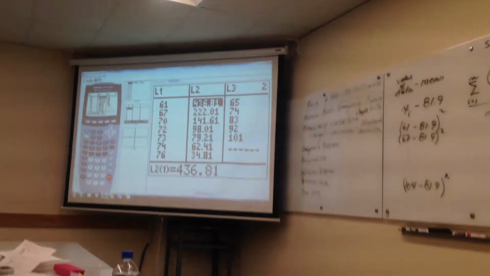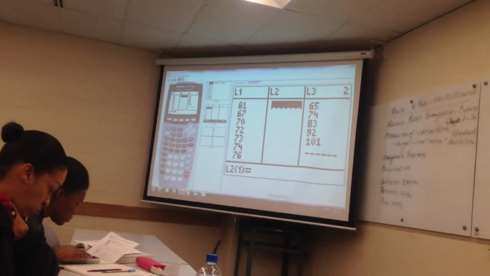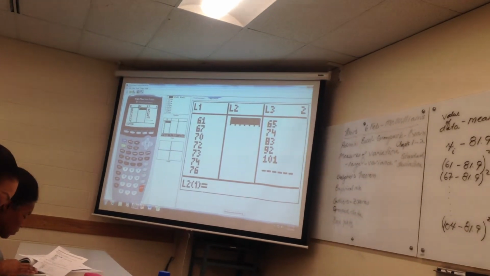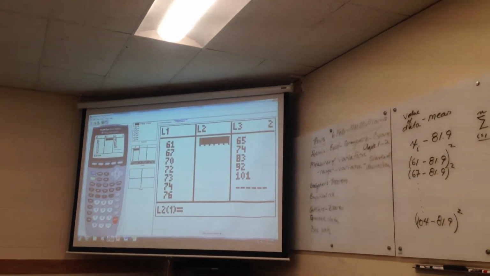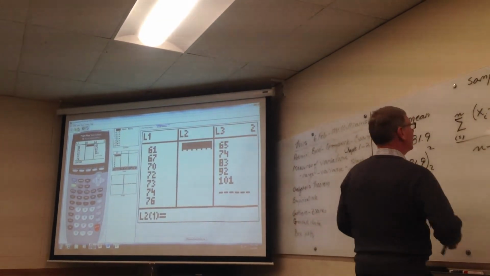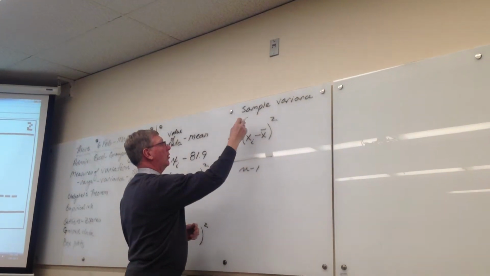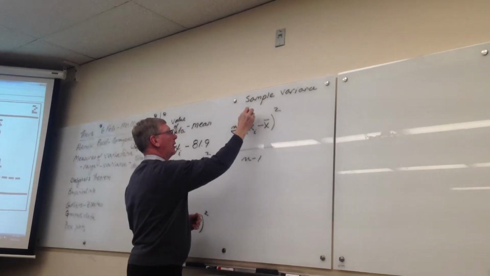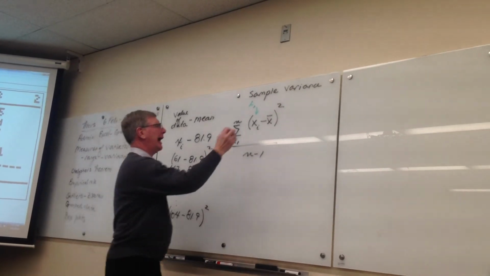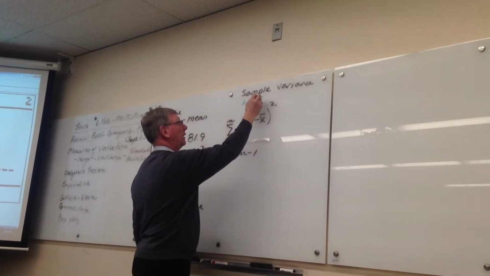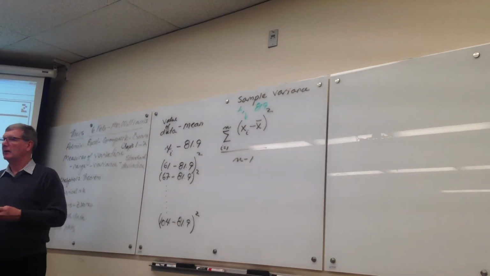All right, let's go back. I'm going to clear list 2. Bear in mind that I want to calculate this and put it in list 2. All of my data elements are in list 1. And in our case, X bar is 81.9, right?